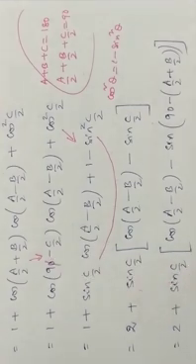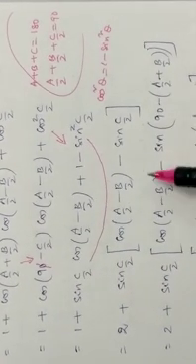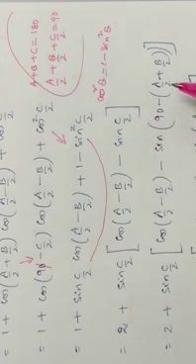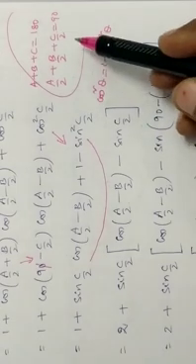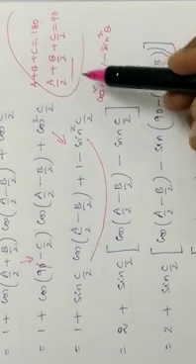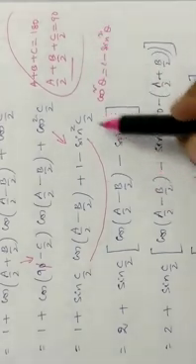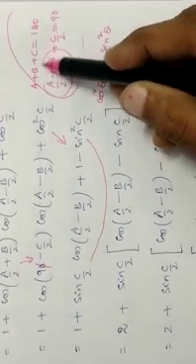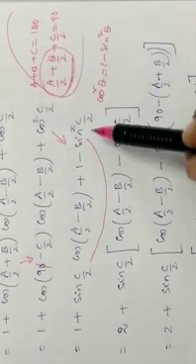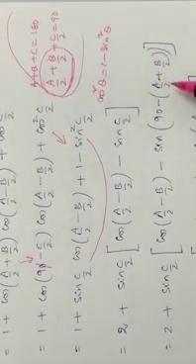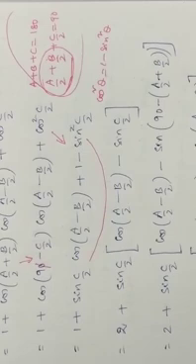Now again I am using the hypothesis for the second time to convert C by 2 in terms of A by 2 and B by 2. What is C by 2 here? By shifting these two, we get 90 minus, treat this as a single term, and by shifting to RHS, this becomes minus 90 minus A by 2 plus B by 2.